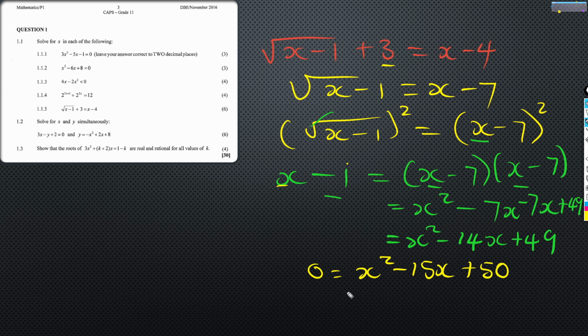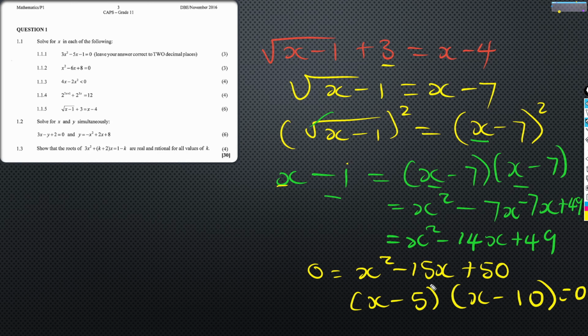So now it's actually our time to deal with this. This is very simple because 10 times 5 will give us 50. When we add them, we're going to get 15. Very straightforward. So let's try to have the factors negative 5 and then negative 10 equals to 0. Remember, negative times negative will give us positive 50.